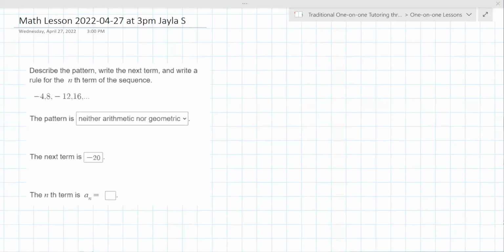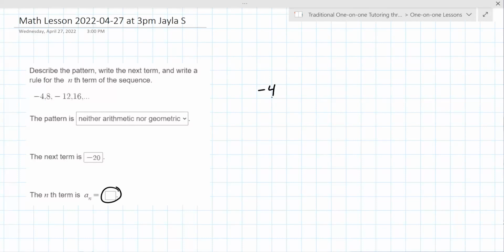So the nth term, if it was arithmetic or geometric, there is a formula for it.